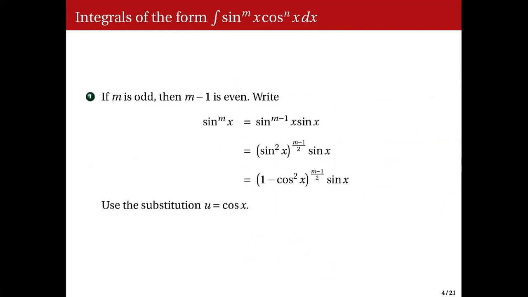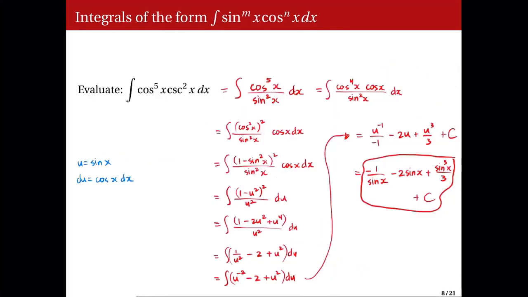So just choose. Again, if the powers of sine and cosine are both odd, you can choose any method. Just convert one of the functions in terms of the other, and then you do the method.